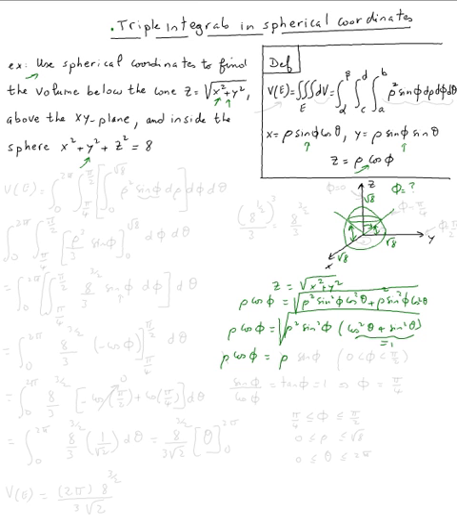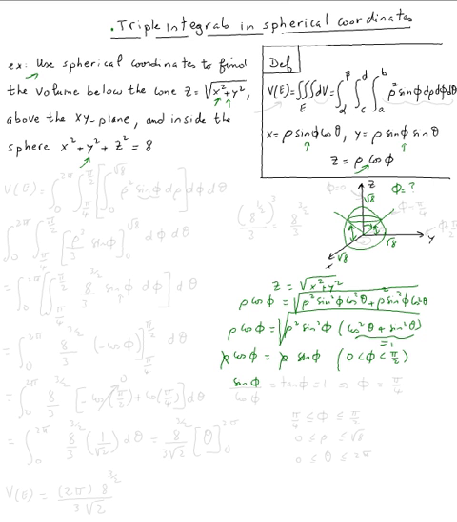Same thing, the square root of sine squared phi is sine phi, because sine phi is positive. Why is sine phi positive? Because we know phi is between 0 and pi over 2, and sine is always positive there. Now divide by rho, so that is gone. So we divide by sine phi.